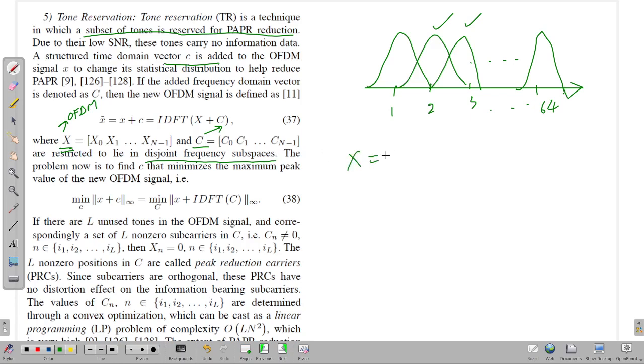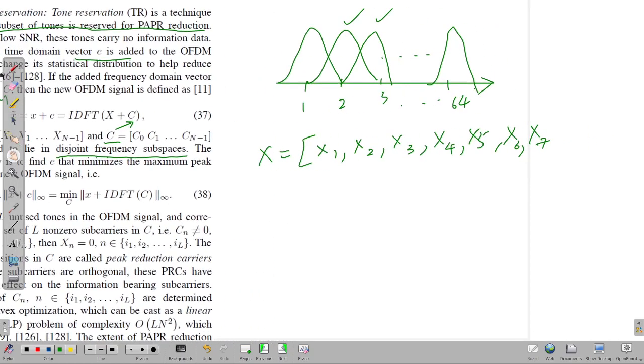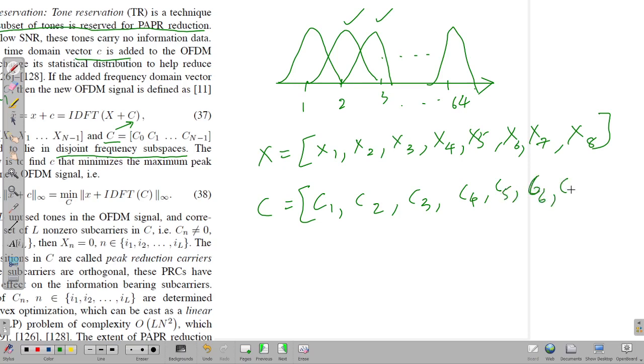For example, say X has subcarriers x1, x2, x3, x4, x5, x6, x7, and x8, and C can be C1, C2, C3, C4, C5, C6, C7, and C8.